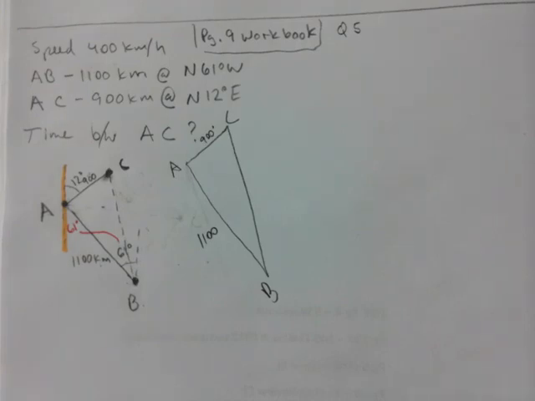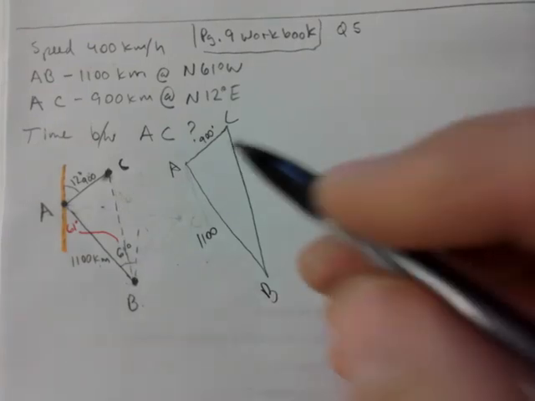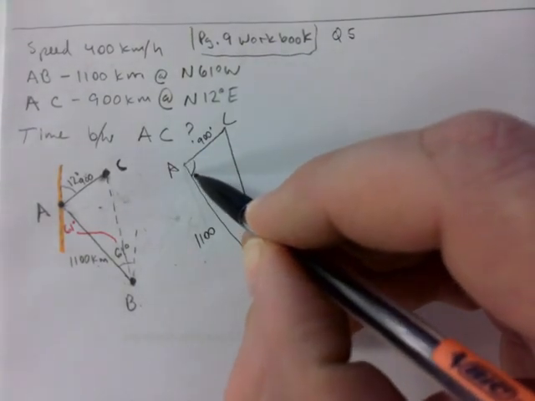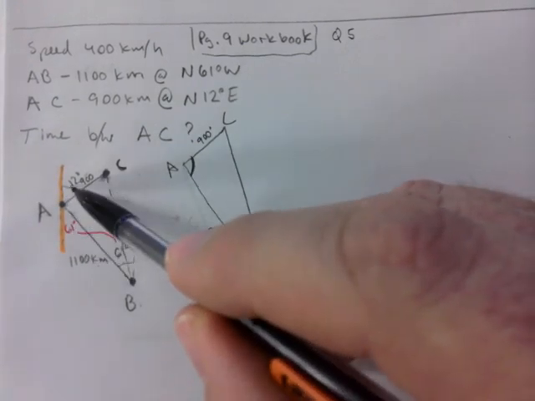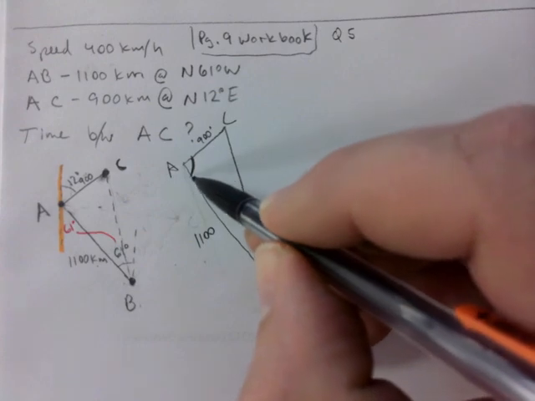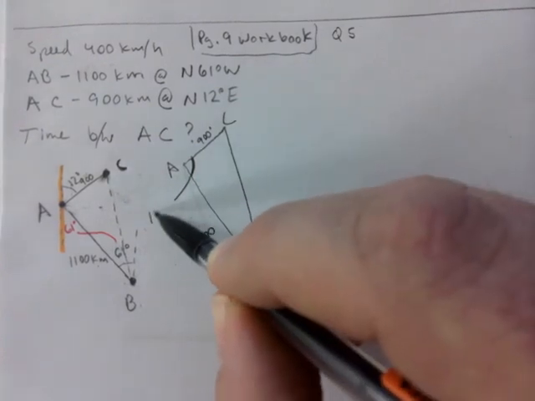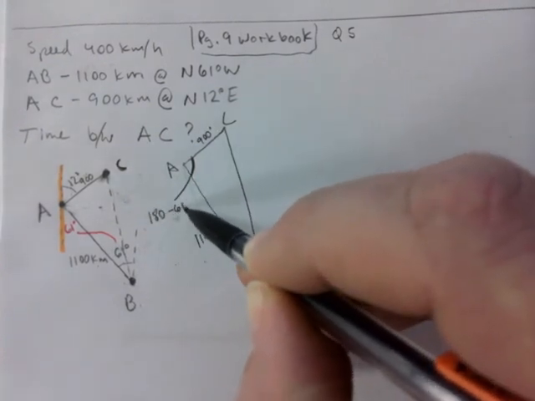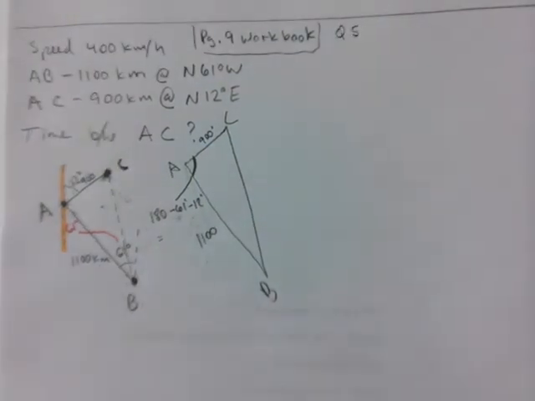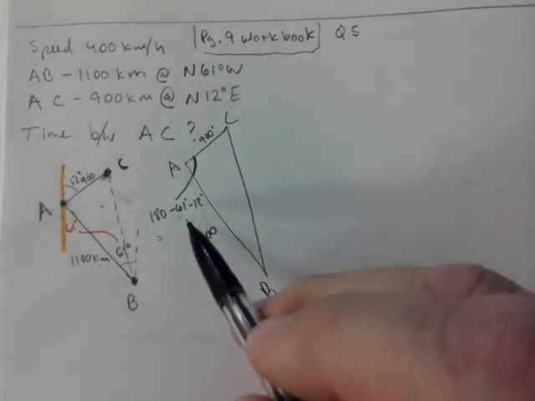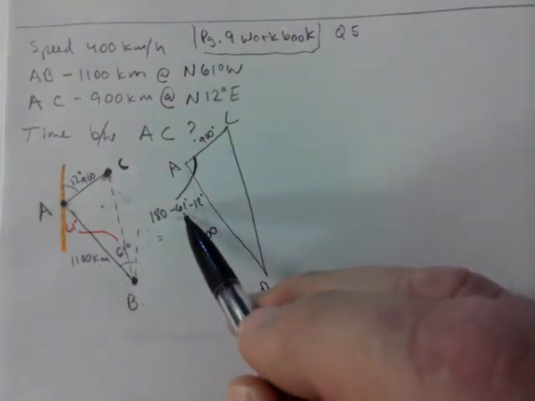So there's a way to find out this interior angle right here, right? This one here is just 180 minus these two. I would like you to show that work whenever you can. So 180 minus 61 minus 12. This is 73, right?